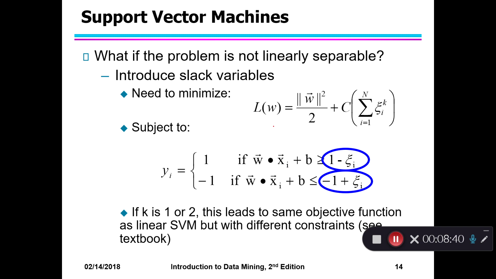These are the formulas to find the slack variables, where these slack variables are dependent on the hyperplane. So if we are not able to find the hyperplane for the data sets, then with the maximum margin between the support vectors, we will have slack variables which will depend on the hyperplane type.